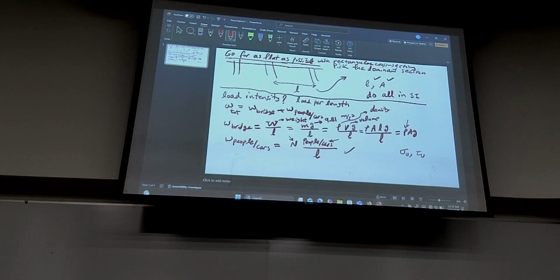If you went with a flat, rectangular shape, it's A times L, and L cancels out, giving rho A g. So here you need rho, what M is, and the size of the cars. You need these plus these two quantities.